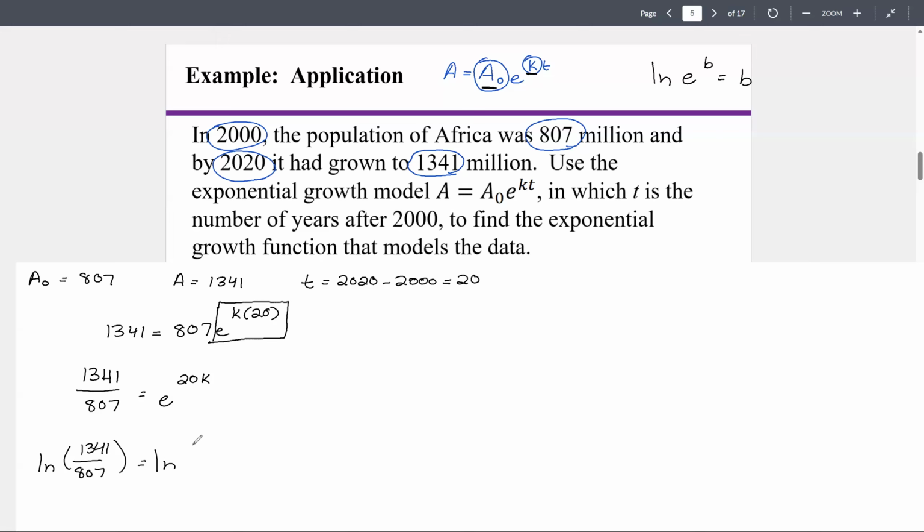So the natural log of 1,341 divided by 807 is equal to 20k, which means if I want k, that's just the natural log of 1,341 divided by 807, all divided by 20. I have not tried to find the natural log of anything because I'm waiting to keep it to the very end to avoid rounding errors.